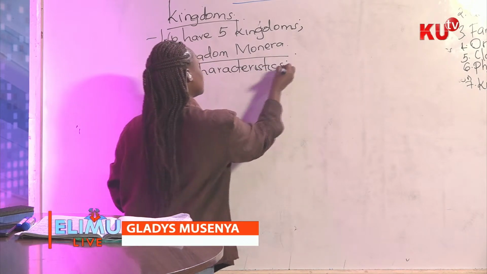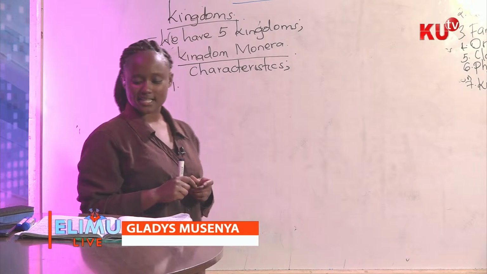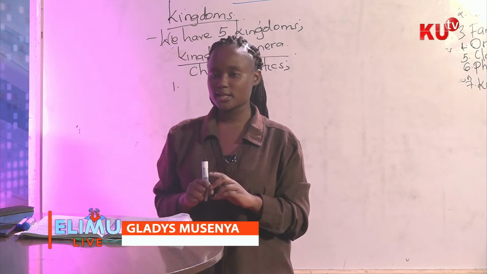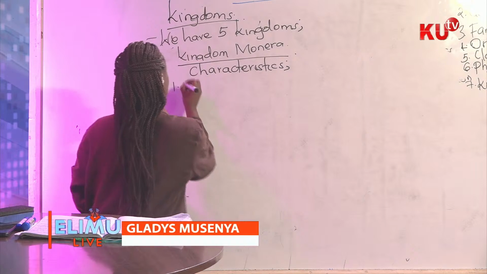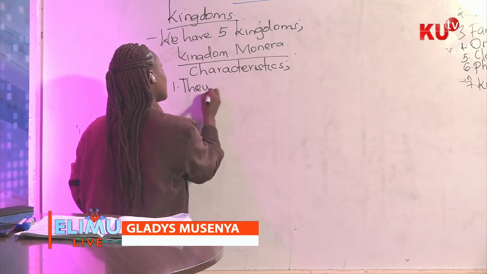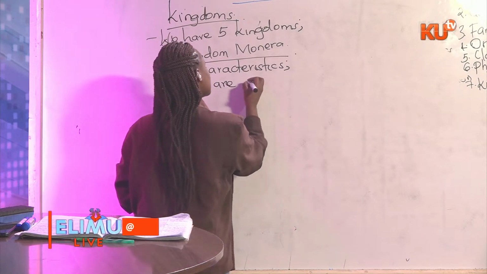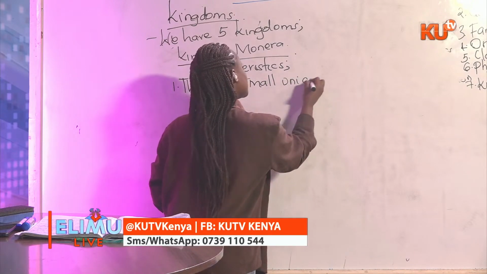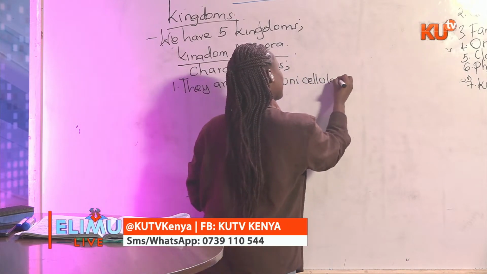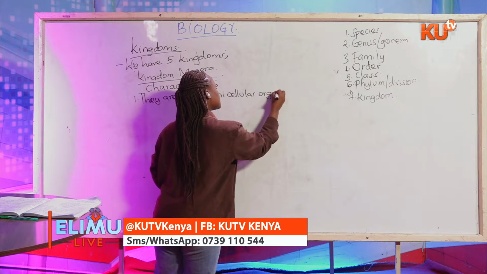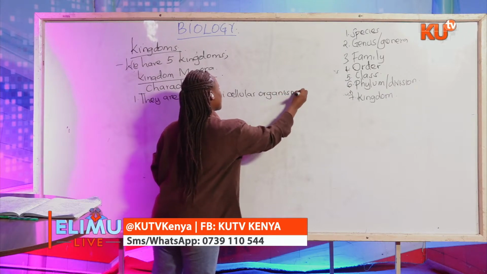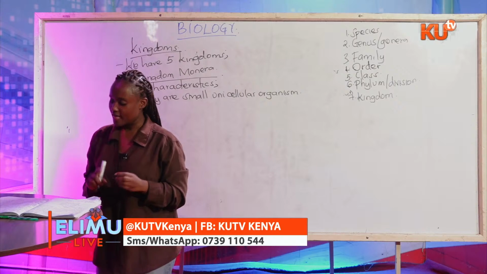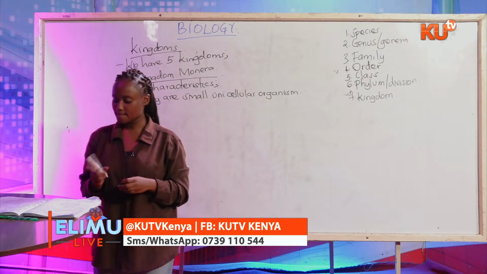The first characteristic: they are very small unicellular organisms, and they lack a nuclear membrane.